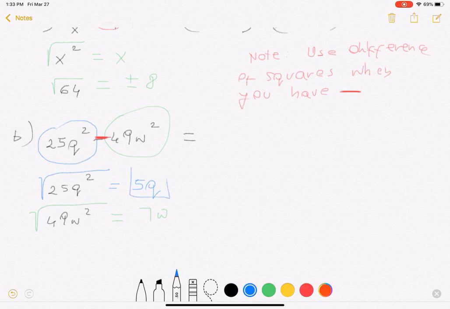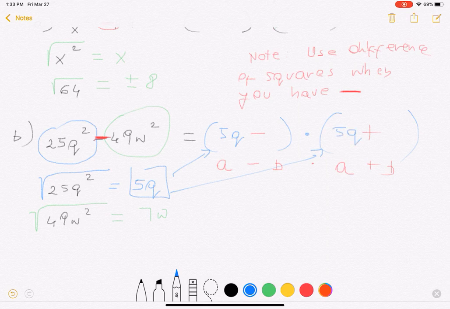Don't forget that you're rewriting as a product of two parentheses. One parenthesis will have minus, the second parenthesis will have a plus. So the formula is a minus b times a plus b. So if I put 5q in the first parenthesis, of course I will put 5q also in the second parenthesis.